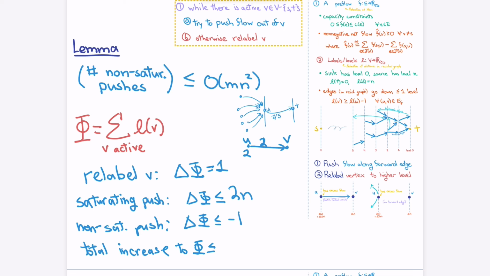And then how many saturating pushes can we have? mn. So it can go up by mn squared. So the total increase is at most mn squared. Meanwhile, the potential is always non-negative, and each non-saturating push decreases it by 1. So the number of non-saturating pushes can be at most mn squared.